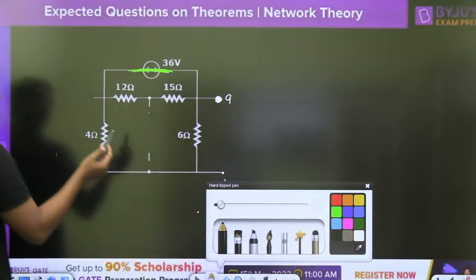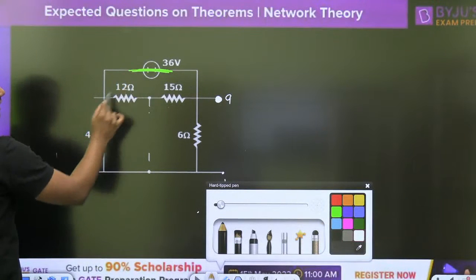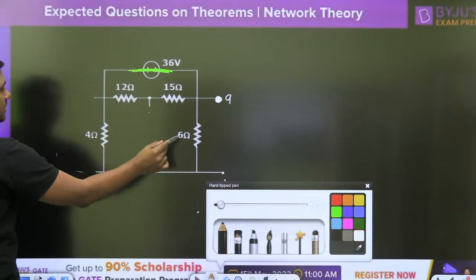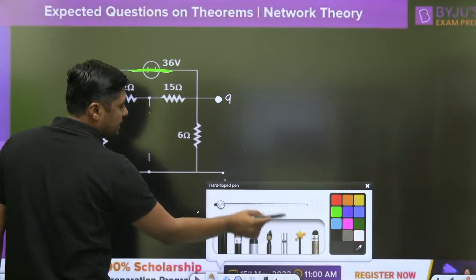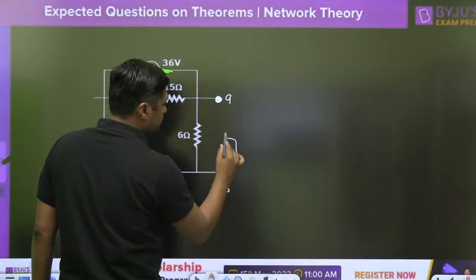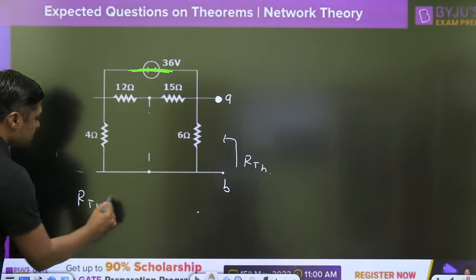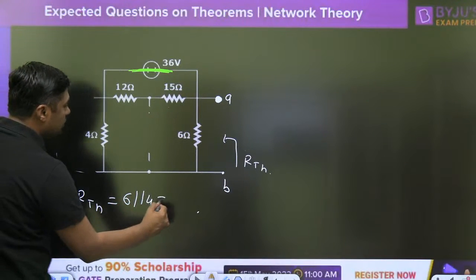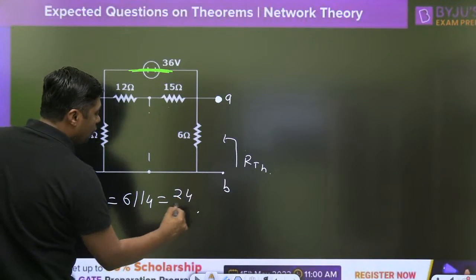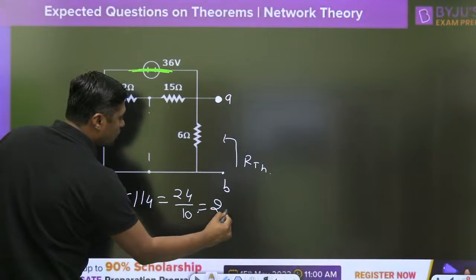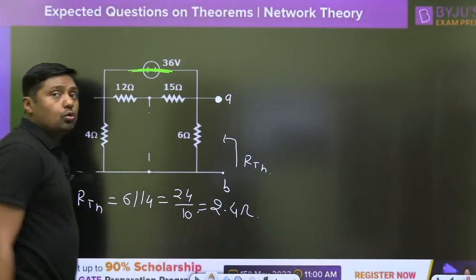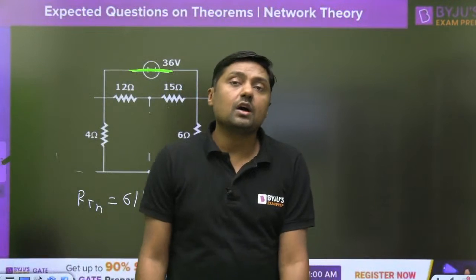Because it is a short circuit, it will short the 12 and 15. Then the RTH at this point is nothing but 6 parallel with 4, that is 24 divided by 10, 2.4 ohm. 2.4 ohm is the RTH.